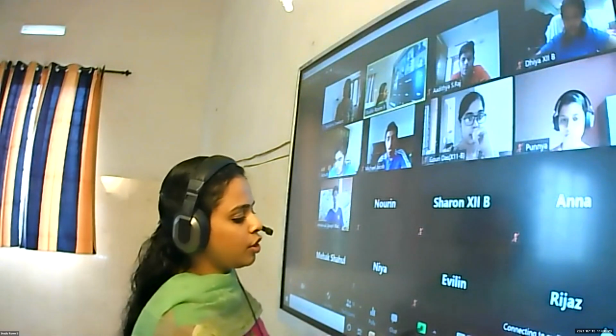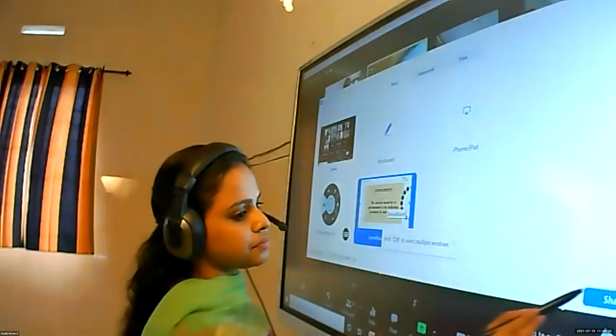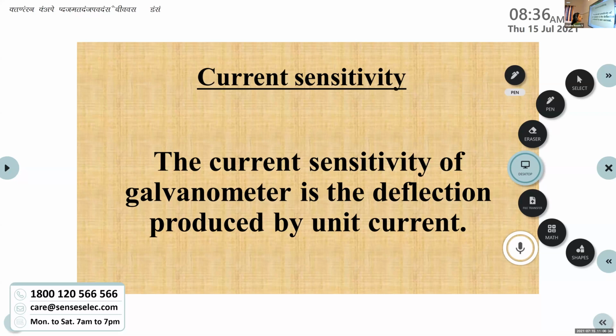So let us see what we mean by current sensitivity. All of you first write the definition for current sensitivity. The current sensitivity of a moving coil galvanometer is the deflection produced by unit current.